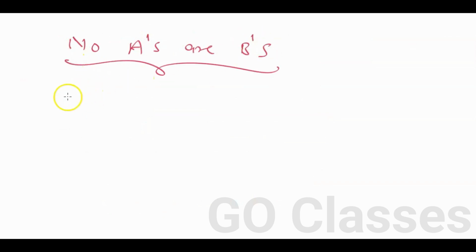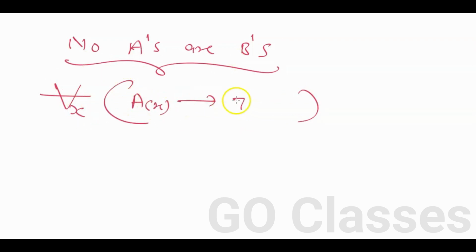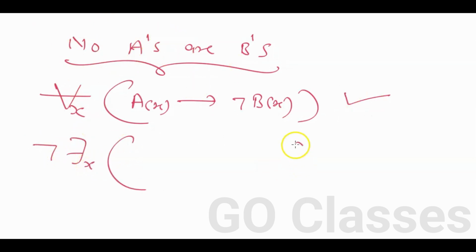Remember this template. It means for everyone, if you are A then you are not B. Or I can say that there does not exist any A which is B.